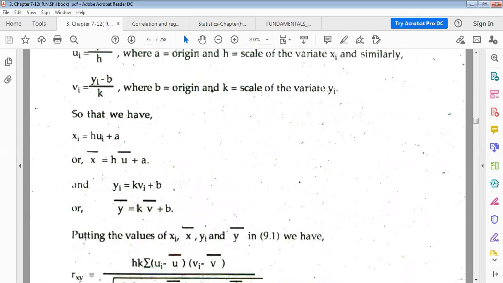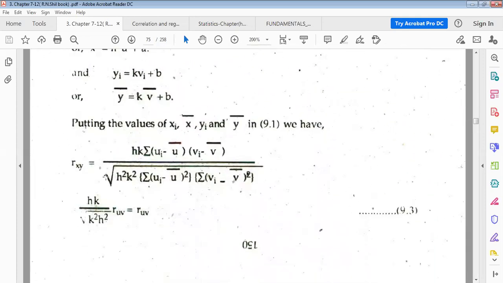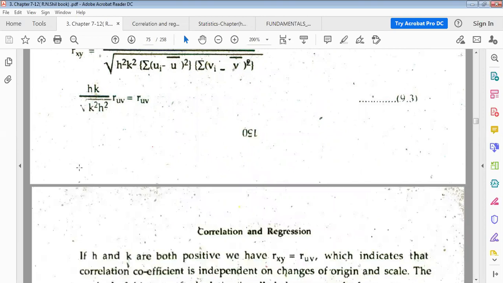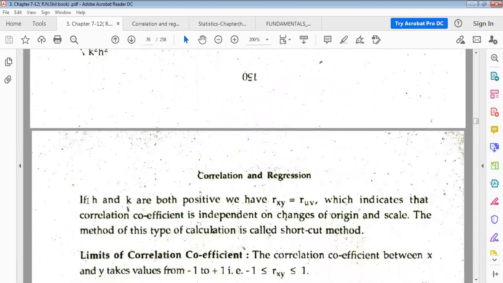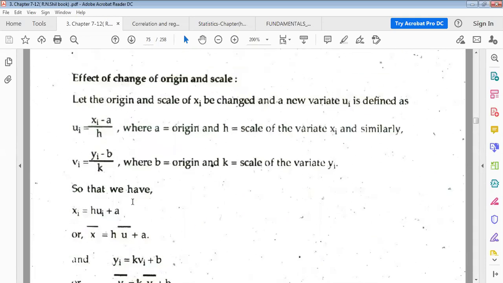Putting these values in the correlation coefficient of xy, we got the correlation coefficient of ub. In this term there is no effect, because h and k mean scale, and a and b mean origin. This is why there is no effect of origin and scale.